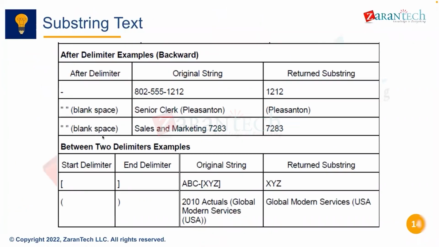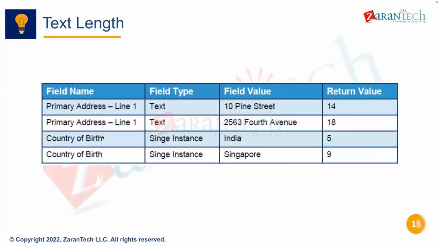Okay, moving on to the next type of function, and this is a function which is widely used again. This function is called text length. You will see that text length is normally used when we are trying to see the number of characters that has been used.